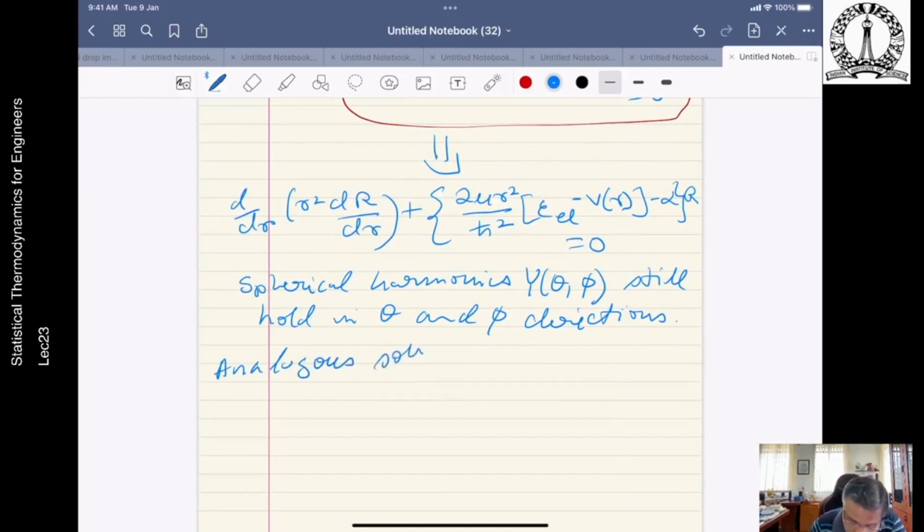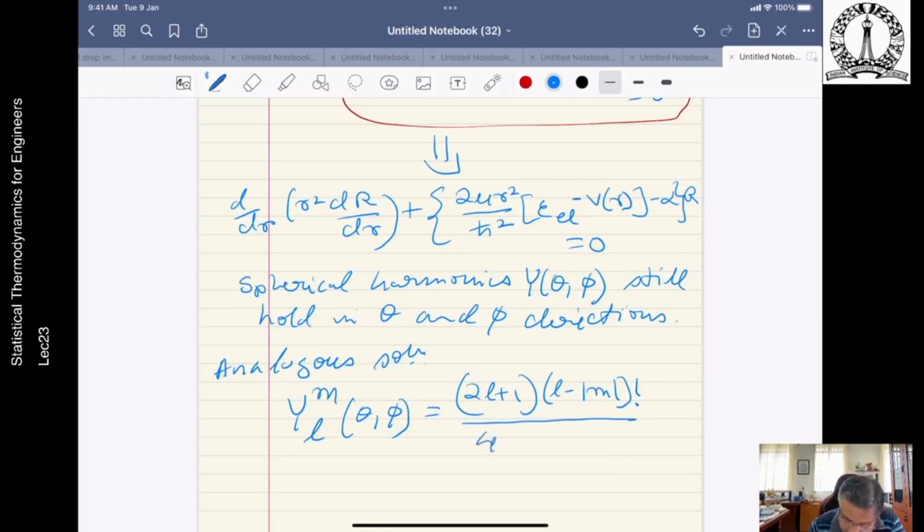So Y_lm(theta, phi) is equal to [(2l plus 1)(l minus mod m) factorial divided by 4 pi (l plus modulus of m) factorial] raised to the power of half, times P_l^mod m (cos theta) times e to the i m phi.